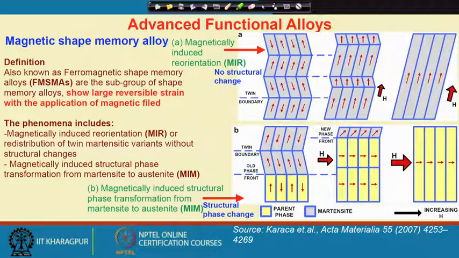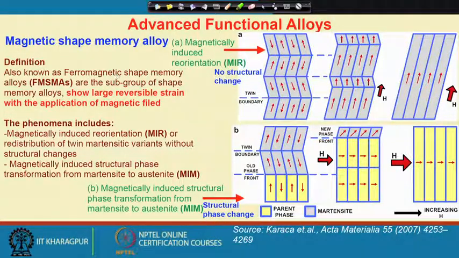This is also an advanced alloy system and understanding is being developed day by day, and many different systems have evolved with very interesting shape memory properties. These alloys are often called ferromagnetic shape memory alloys, because we need to interact with a magnetic field.